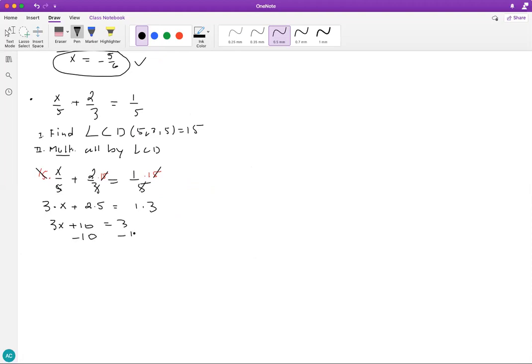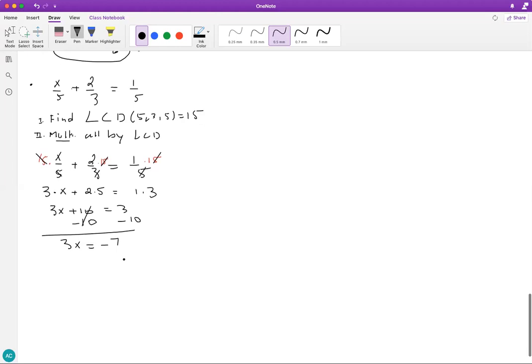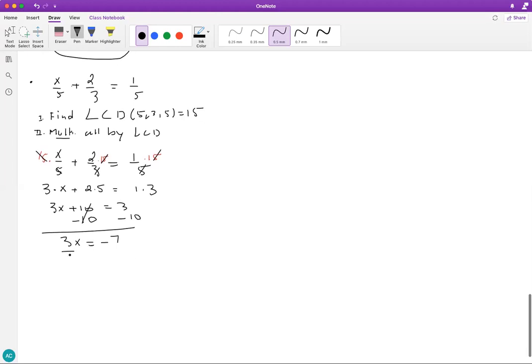Exactly. So minus 10 on both sides. That cancels. So 3x is 3 minus 10, which is negative 7. That's right. And finally, divide by 3, x is negative 7 over 3. And that's your final answer.